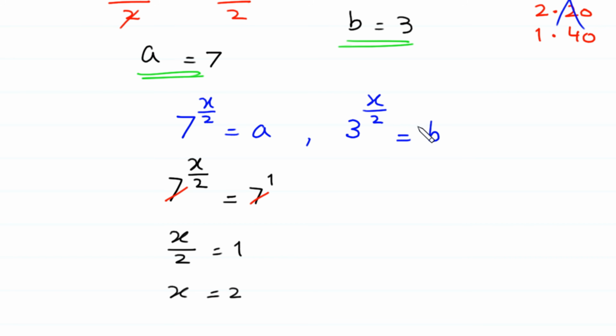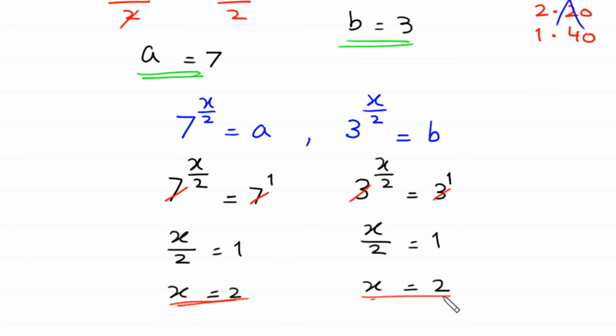Now in this equation we put the value of b 3. 3 to the power x over 2 is equal to value of b is 3 and this 3 has power 1 here and base is same at both sides, so this 3 will be cancelled with this 3 and x over 2 is equal to 1, and if we multiply both sides by 2 we get the value of x 2. So from here, in each case the value of x is 2.